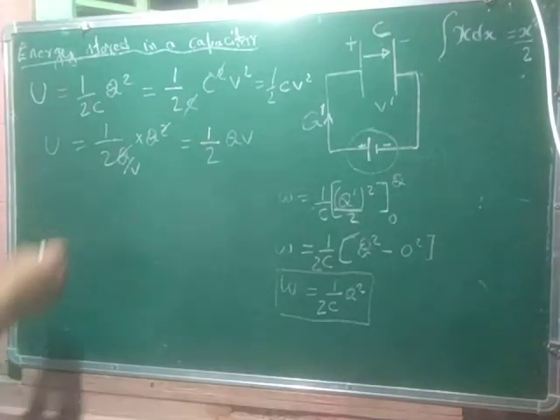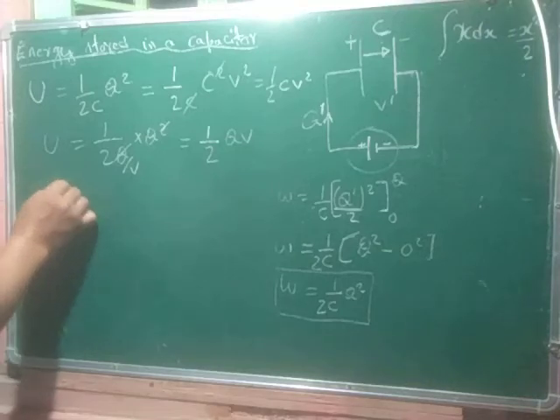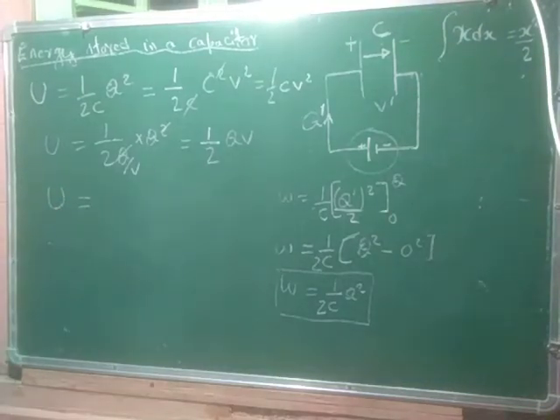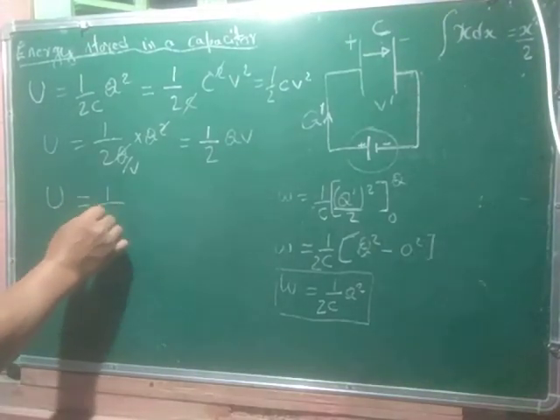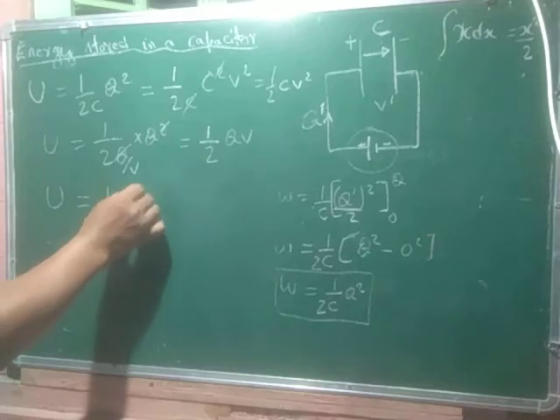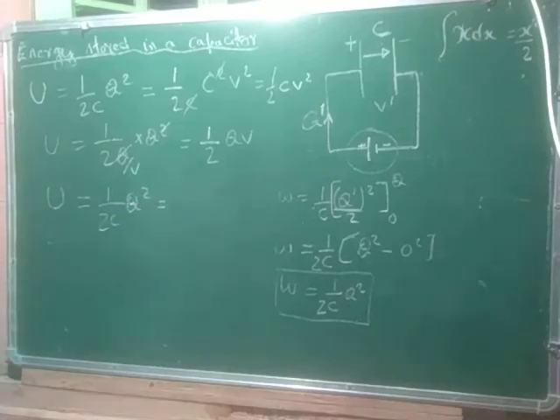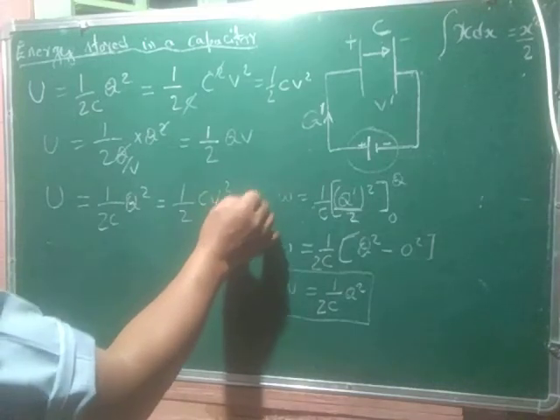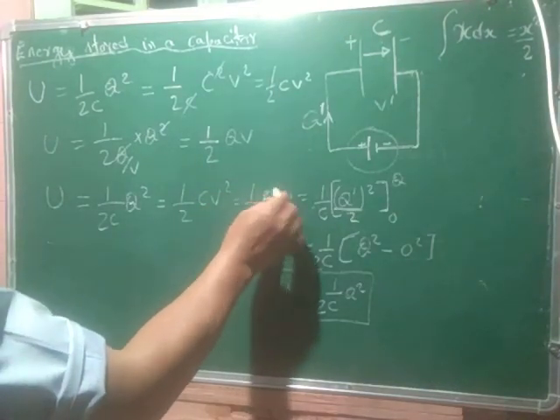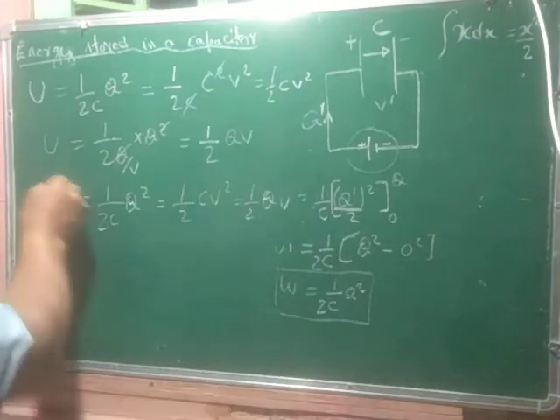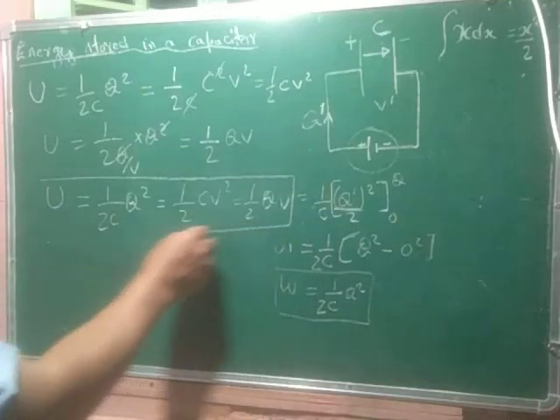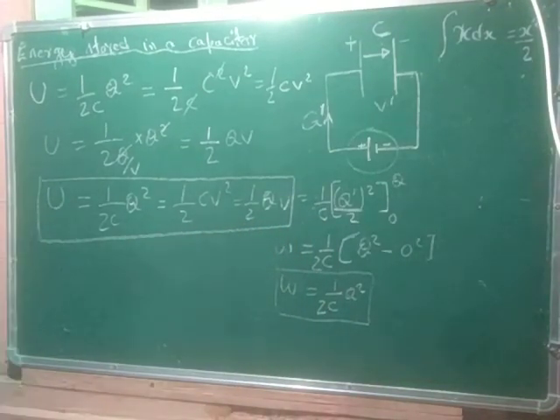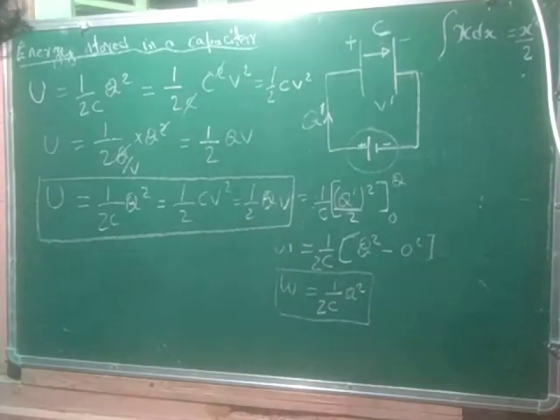In order to memorize this formula, I will write 1 upon 2 Q square upon C, which is the first expression. Next, 1 upon 2 CV square. Next, half QV. So these are all the 3 expressions of electric potential energy stored in a capacitor.